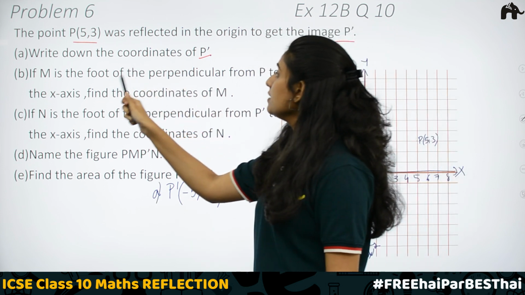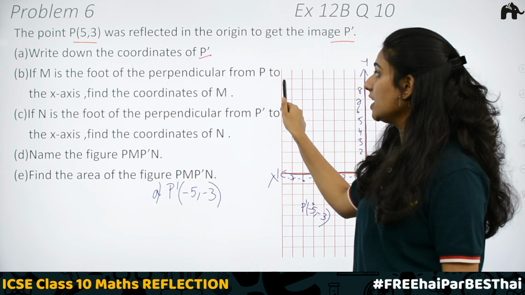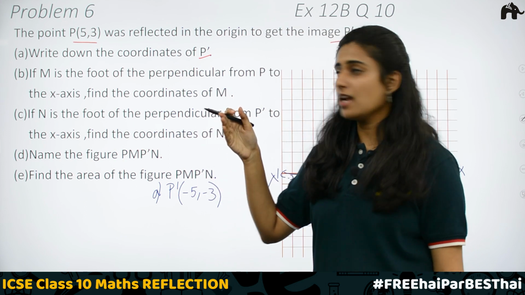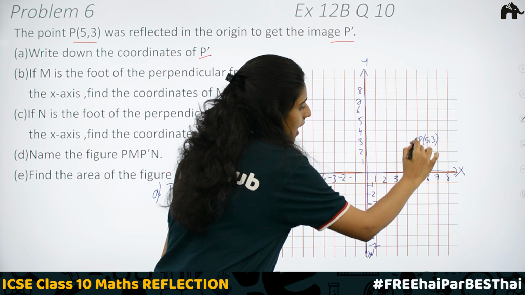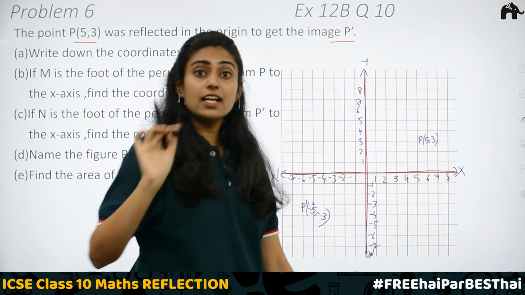Next, if M is the foot of the perpendicular from P to the x-axis. What is a perpendicular? A perpendicular is a straight line which is drawn from a point and touches the x-axis at 90 degrees.